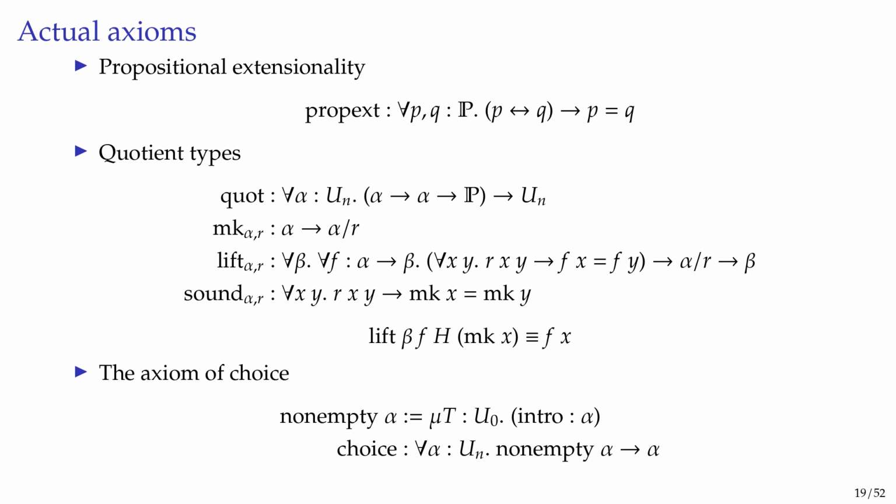And then you also get this computation rule. You can actually construct quotient types if you want everything except for the definitional equality. You can construct them without the axioms, using some sort of classical ZFC techniques. But if you want the full thing, then you have to axiomatize.